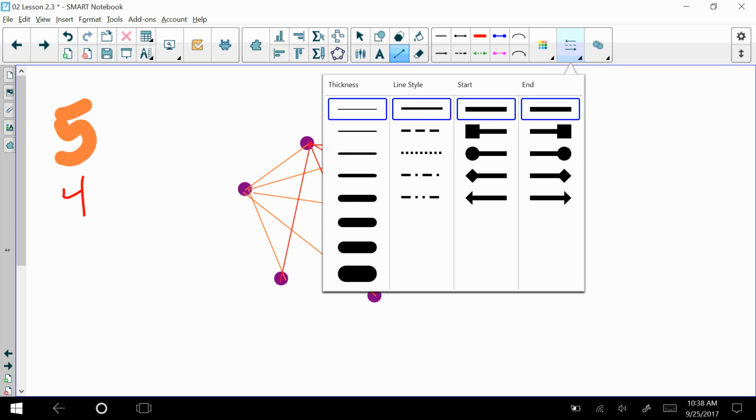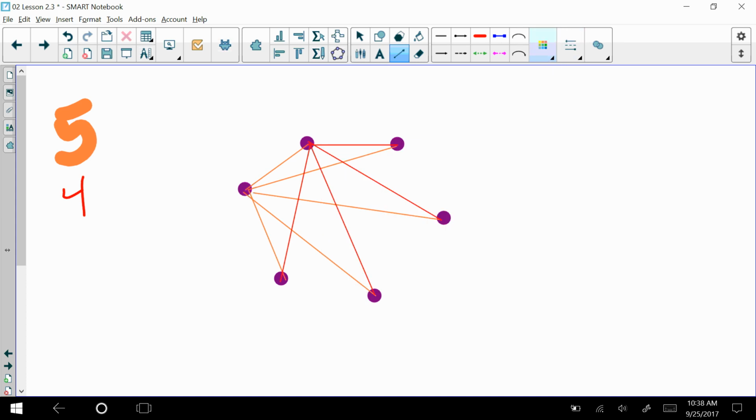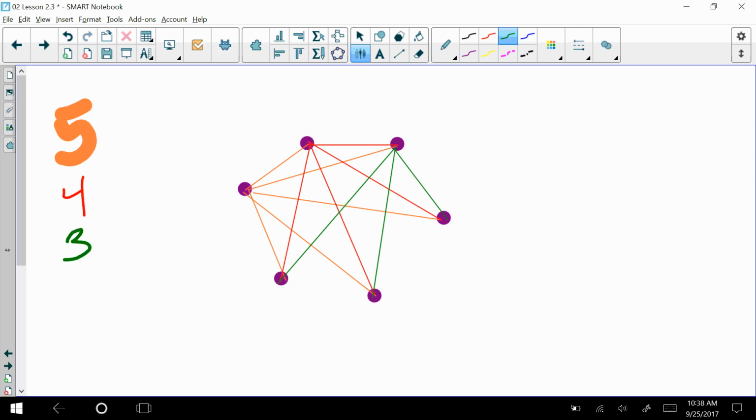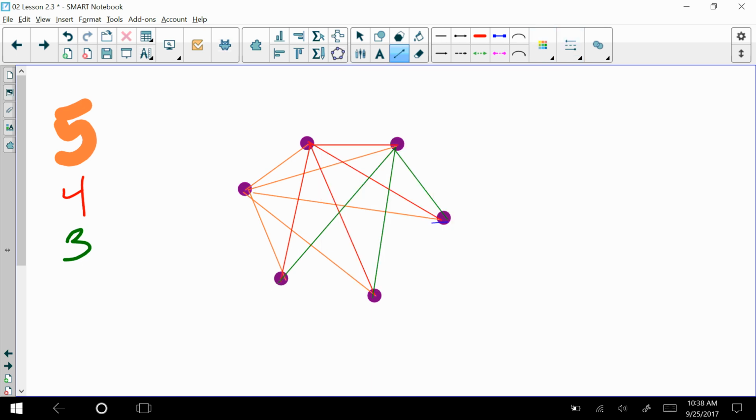From our third point, we use green. We already have this first one, we have this second one. There's 1 line, 2 lines, 3 lines. From our fourth point, we already have this line, this line, and this line already.